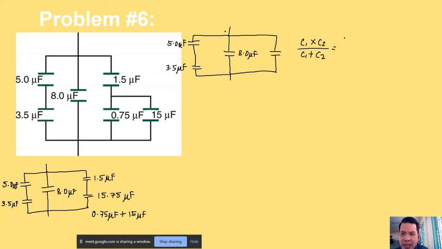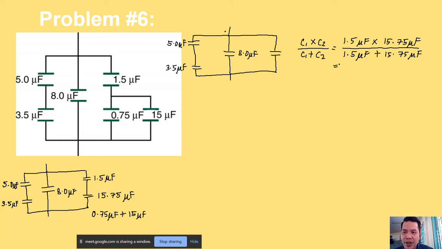Substitution, C sub 1, that's 1.5 microfarad times C sub 2, that's 15.75 microfarad divided by 1.5 microfarad plus 15.75 microfarad. So let's perform that operation. 1.5 times 15.75 divided by 1.5 plus 15.75.